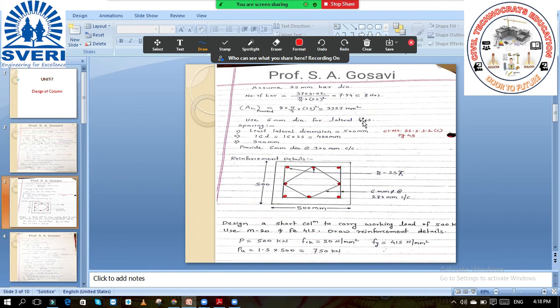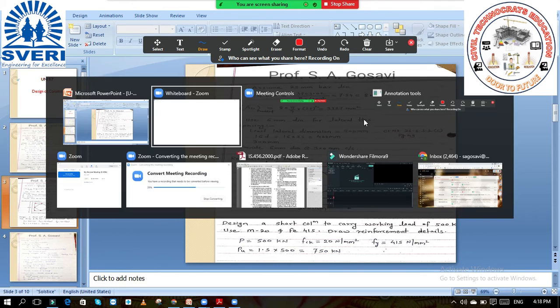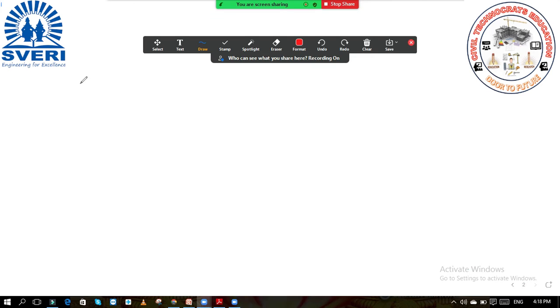So we will take 25 mm bar diameter and then we will calculate the number of bars. So assume 25 mm bar diameter.